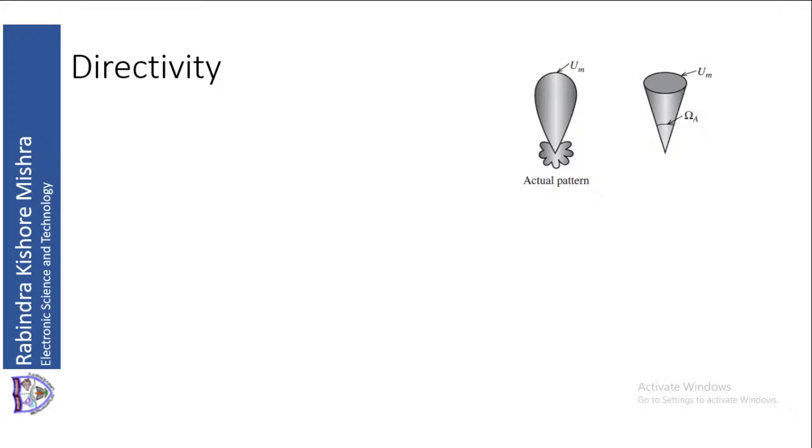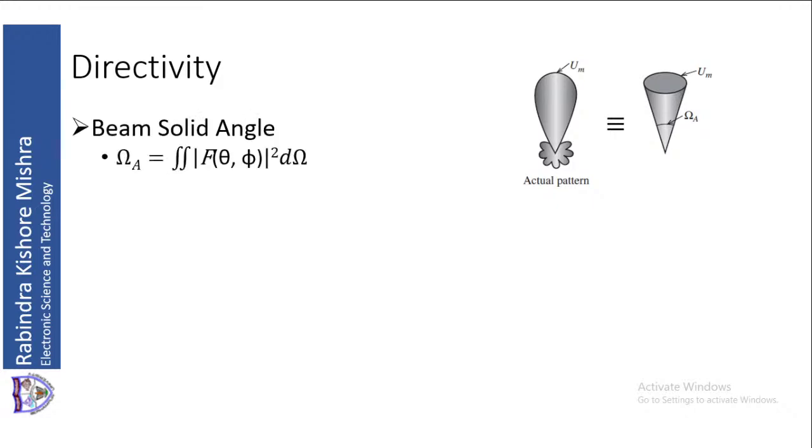From now we'll consider the directivity. If these two are equivalent, then we'll define what is called the beam solid angle. The beam solid angle omega A is the angle subtended at the antenna by a solid angle.